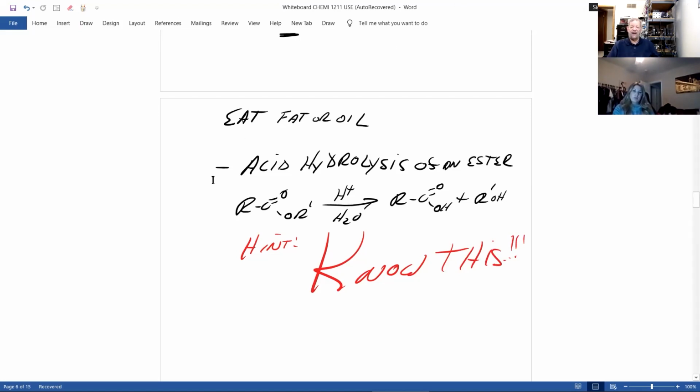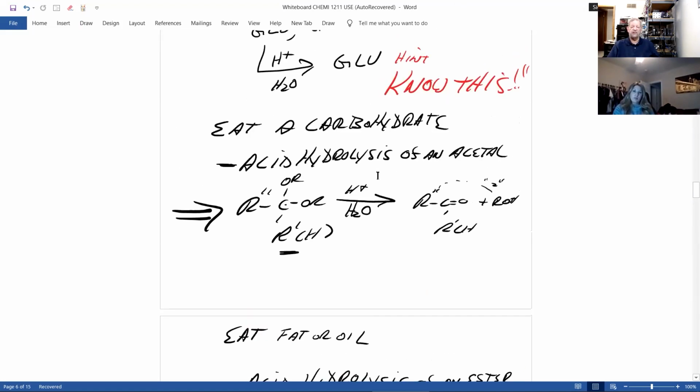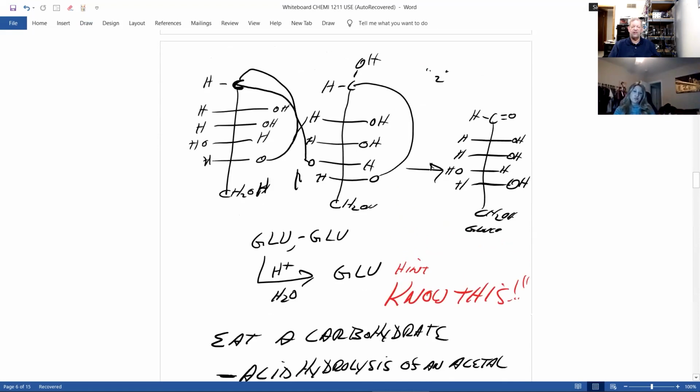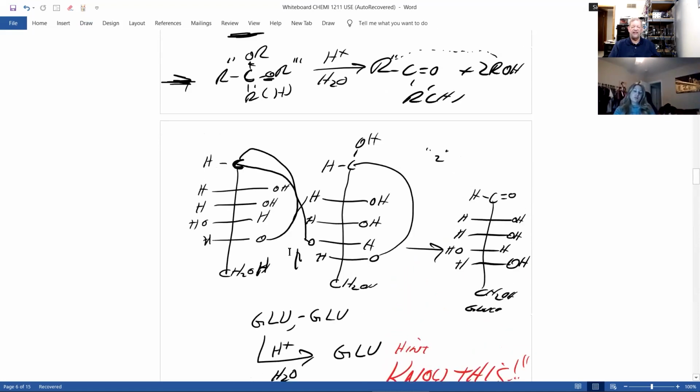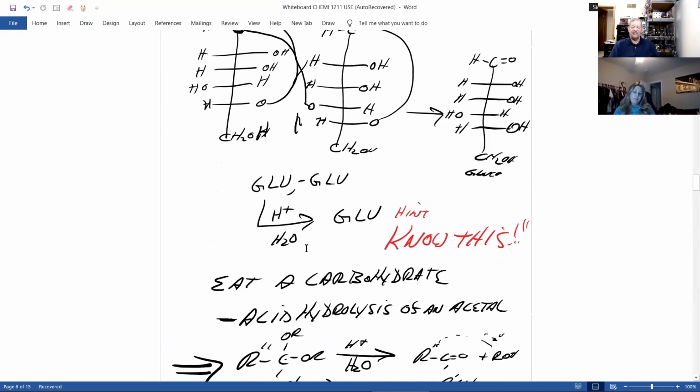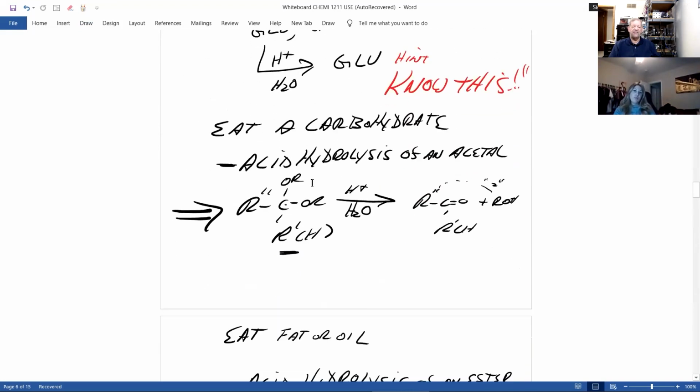How do you describe with words and a general reaction what happens in your stomach when you eat a carbohydrate? Well, the key functional group holding glucose together is the acetal linkage. And therefore, you have acid hydrolysis. Remember the important thing in your stomach: water, and hold on while I drink some.